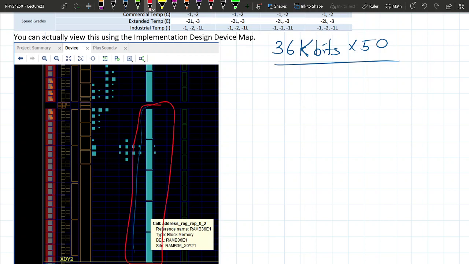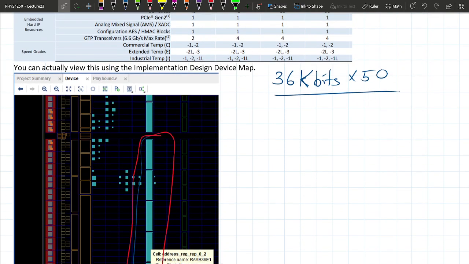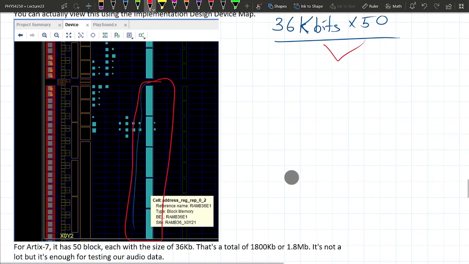Of course, you don't have to do this yourself, you just tell the computer to do it. Aren't you glad you don't have to do this? It would be something like a million wires. You can physically see this, and I think the lab nudges you to look at the implementation design, where you'll see these block RAMs being used up.